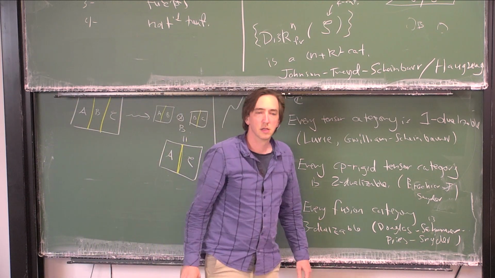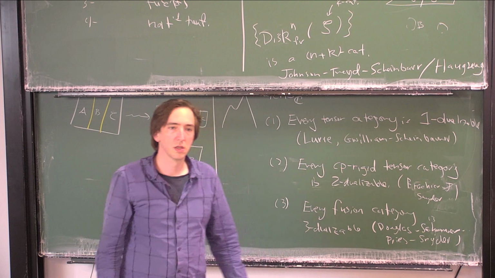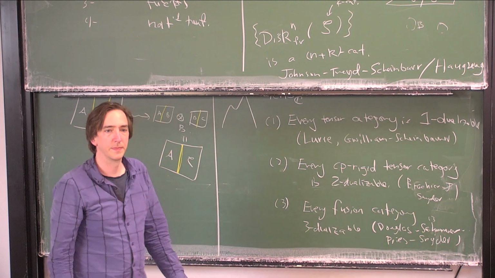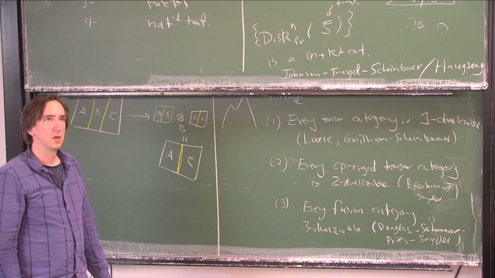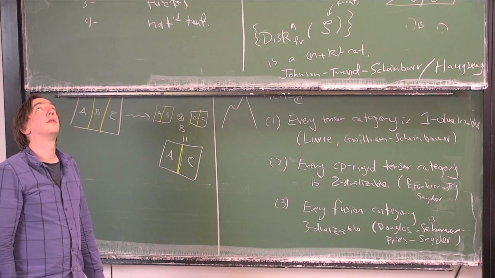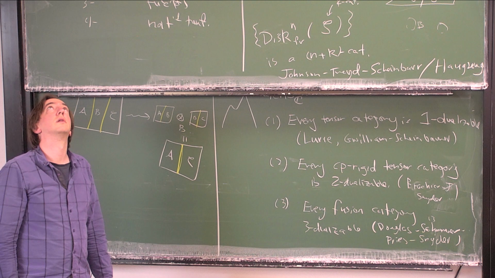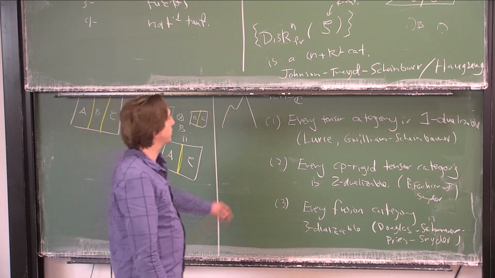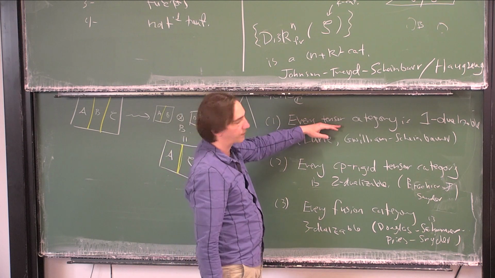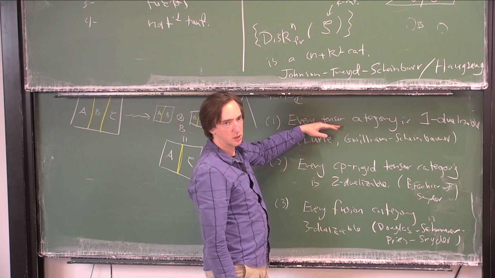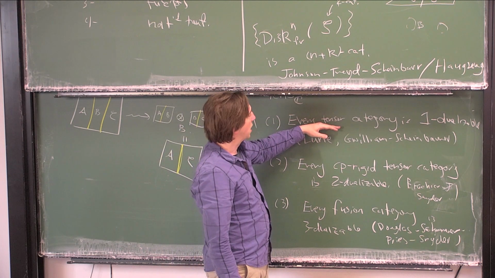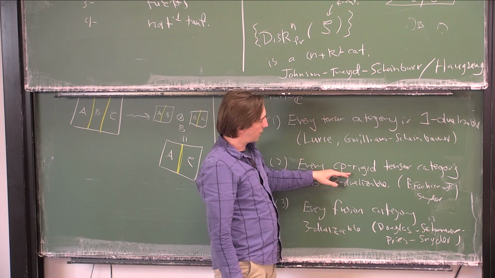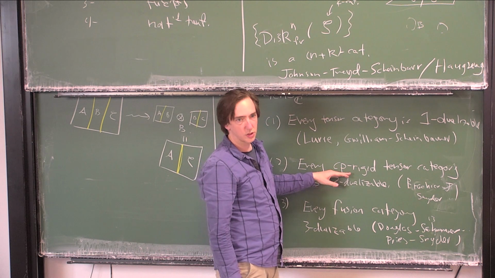Yes. One question. When you say 2 dualizable, you mean that the evaluation and co-evaluations both admit both adjoints? Yes. But also that the adjoints admit adjoints? I think that's automatic. So let's see. 1 dualizable is just that you have evaluation and co-evaluation. 2 dualizable is that the evaluation and co-evaluation have adjoints.